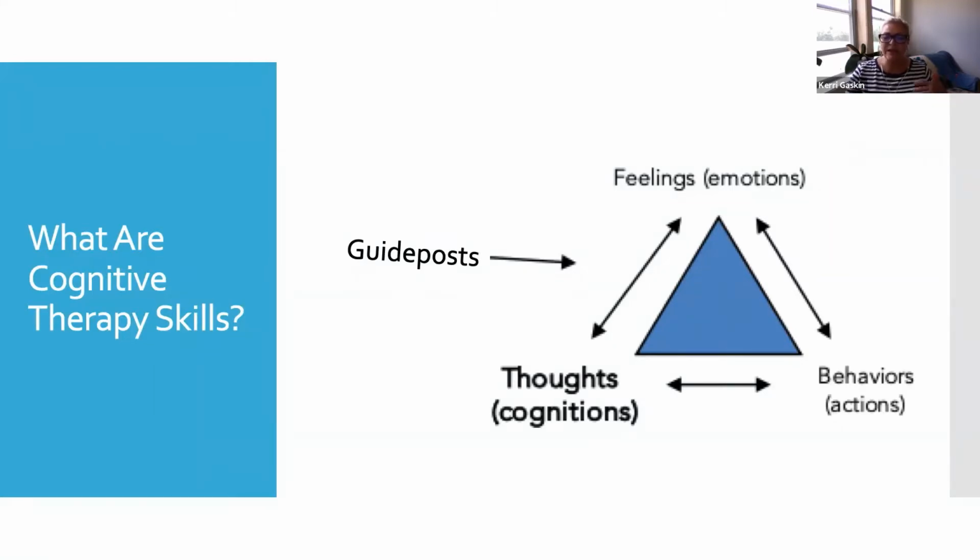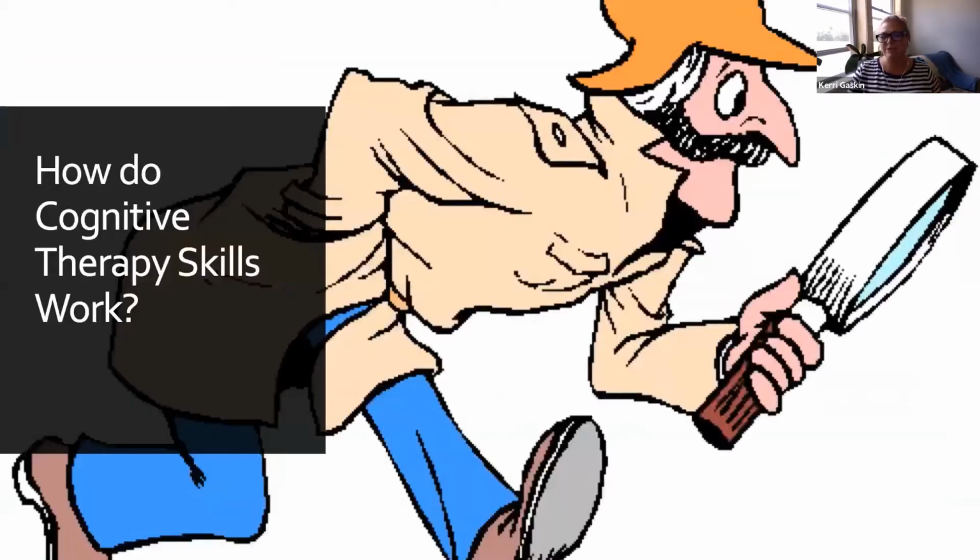Really, what we need to think about is the main goal of cognitive therapy or cognitive skills being to gather evidence, to be like a detective, to uncover facts about what has actually happened, something that has happened in the past or is happening right now. By examining our thoughts, our beliefs, our basic assumptions in great detail, we learn to make informed choices about the issues that are impacting us in either positive or negative ways.